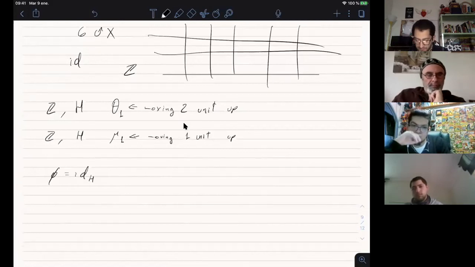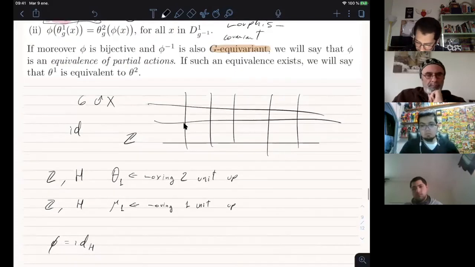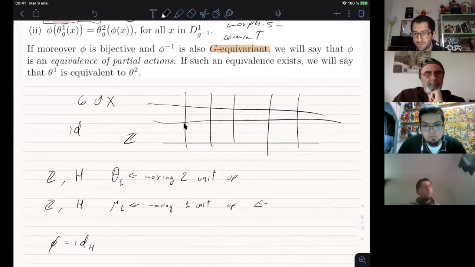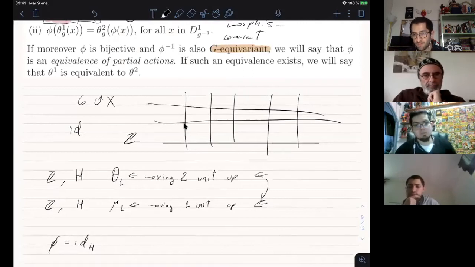What we can see here is that the domains of one partial action are going to be contained in the domains of the other. These domains are going to be contained in this one, strictly contained, and we can see it right now.